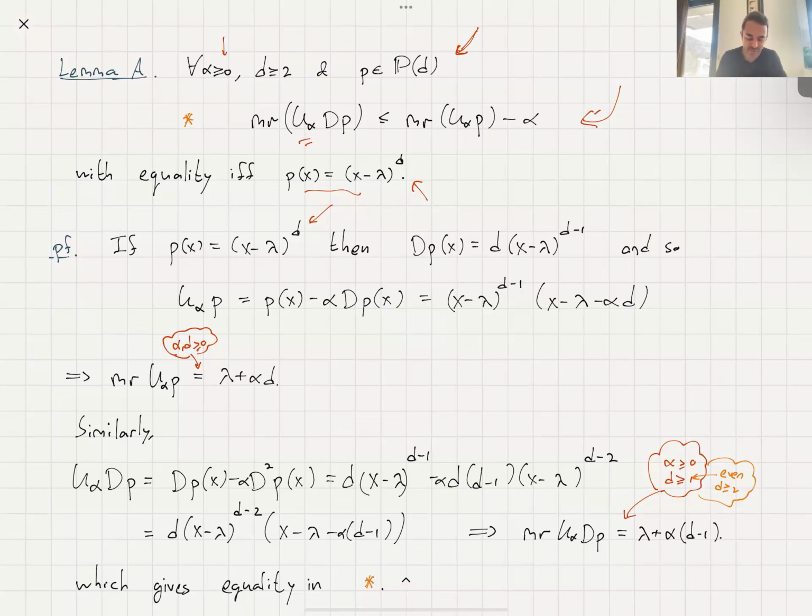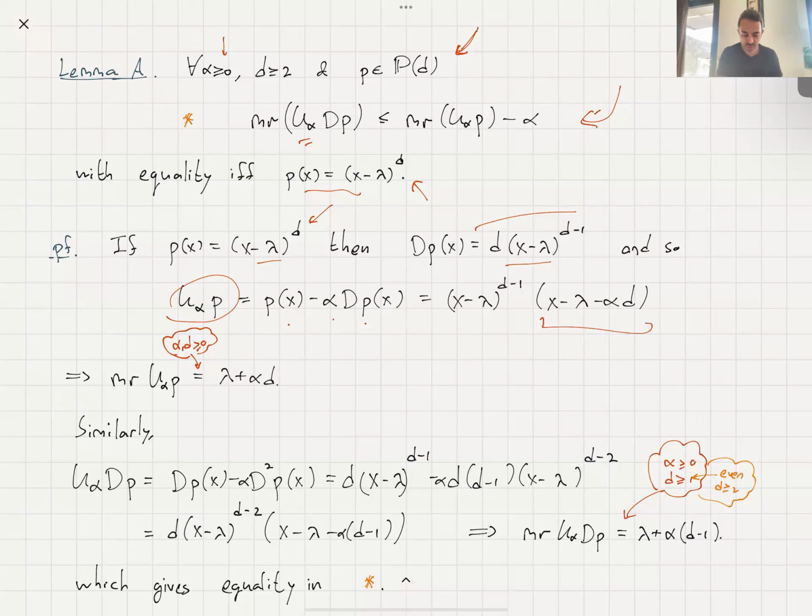Let's just calculate. So the derivative of p is just this thing, d times x minus lambda to the d minus 1. And so now you can actually compute U alpha of p, which is just p minus alpha dp. So you can pull out x minus lambda to the d minus 1 from both terms, and you will be left with this thing.